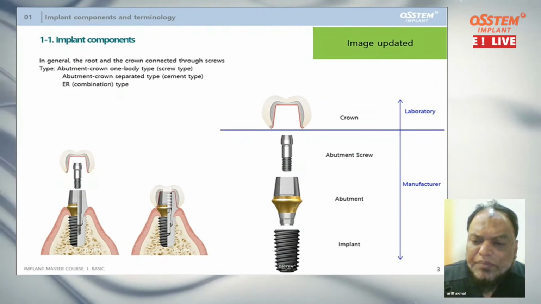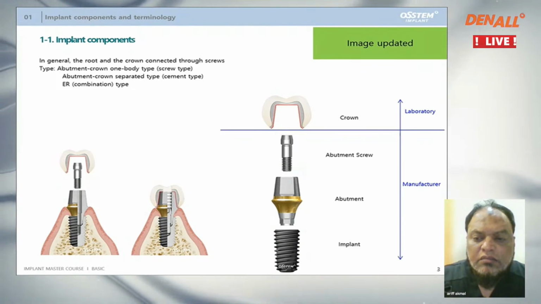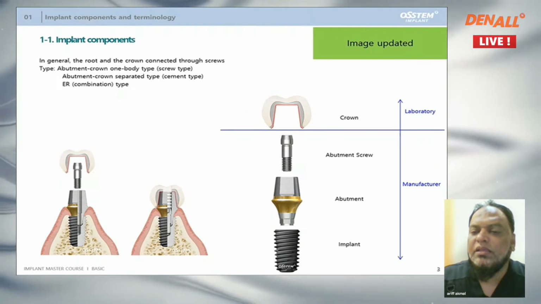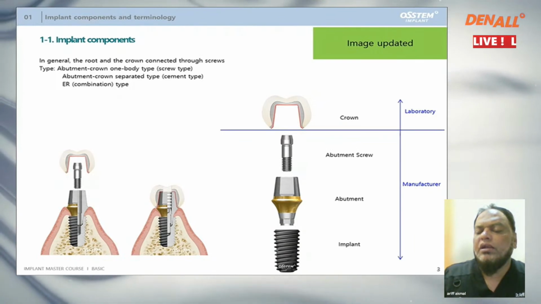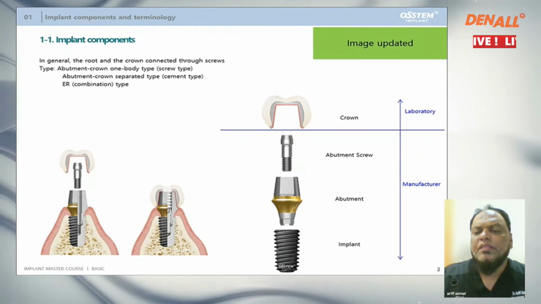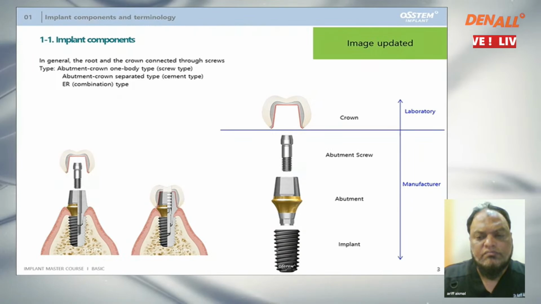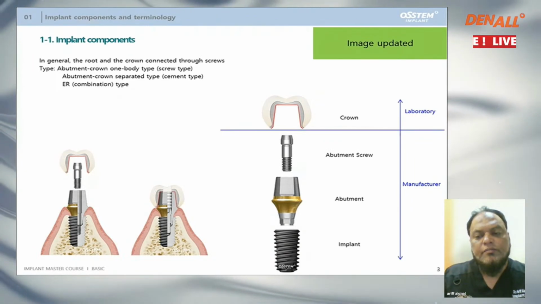But once I jumped into Osstem and started doing the procedures, that is when I understood, oh, this is how simple the prosthetics are. The components they provide, the multi-units, the angulated abutments, the rigid abutments, the different types of abutment systems they have, it's amazing. So that made my life easy for the prosthetic part of it.